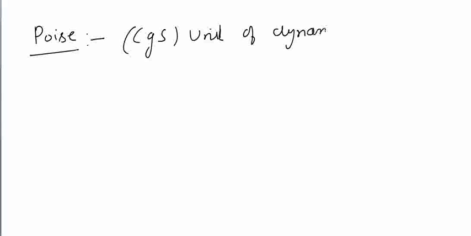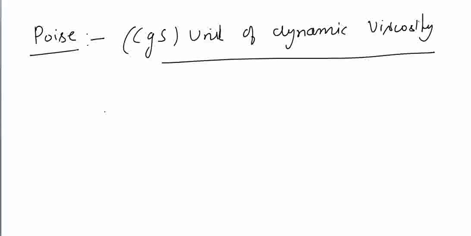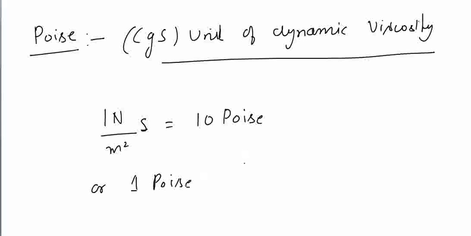It is the CGS unit of dynamic viscosity. 1 Newton second per meter square is equal to 10 poise, or 1 poise is equal to 0.1 Newton second per meter square.